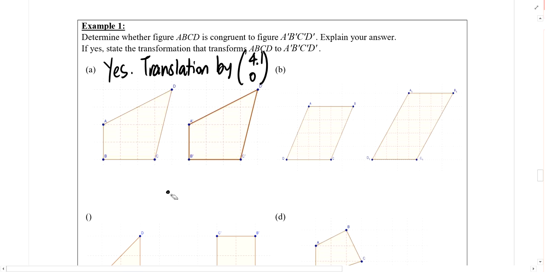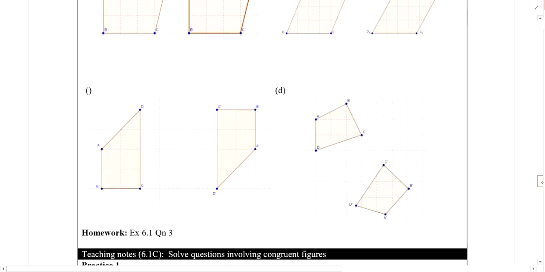Let's try the second one. Part B, are they congruent? No, obviously not. Why are they not congruent? Yes, they have different size. Next, C. Congruent or not congruent?